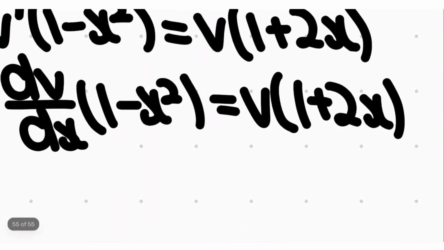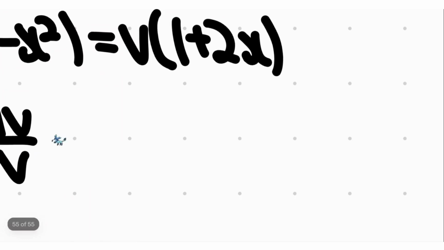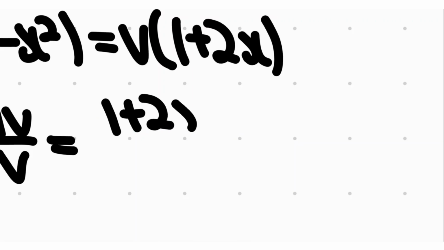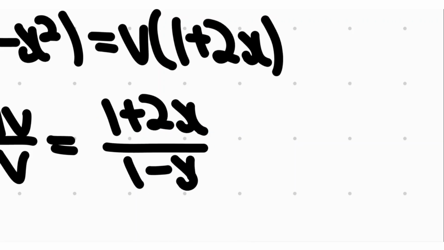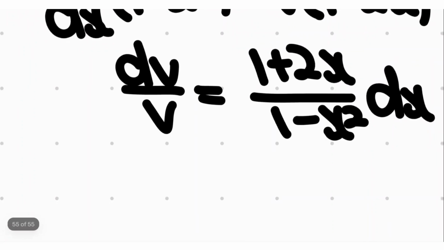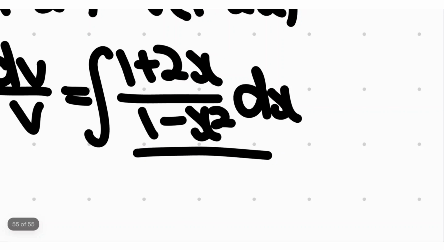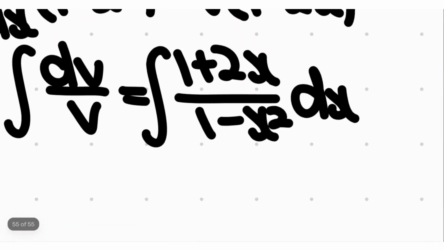And this is a separable differential equation, so dv over v equals (1 plus 2x) over (1 minus x squared) dx. And of course, we're going to integrate both sides. In order to integrate this, you will have to do partial fractions.